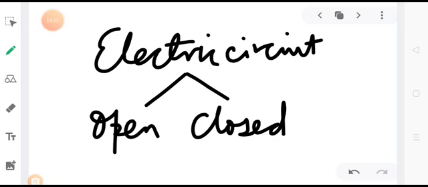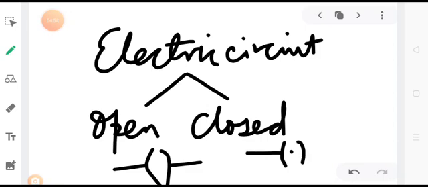This is possible only when the switch has been put in the off state. A closed circuit is when current is flowing through the circuit. This means the switch is in the on state. So open circuit means no current is drawn from the circuit, the switch is in the off state, and no current is flowing. Closed circuit means the switch is in the on state and current is flowing.